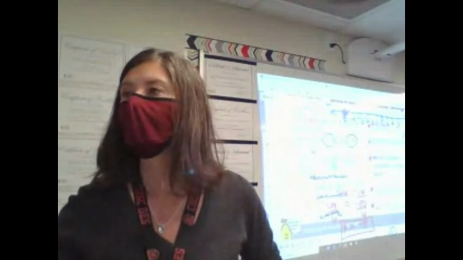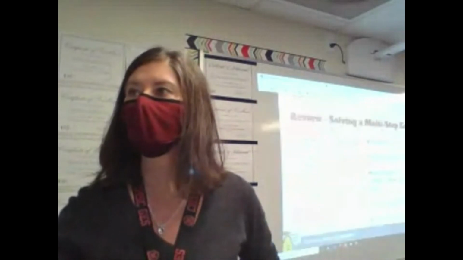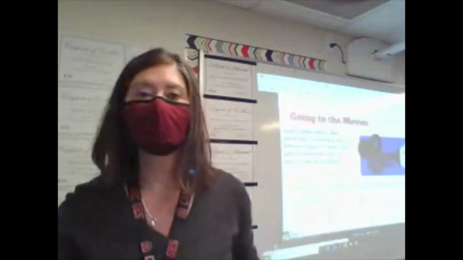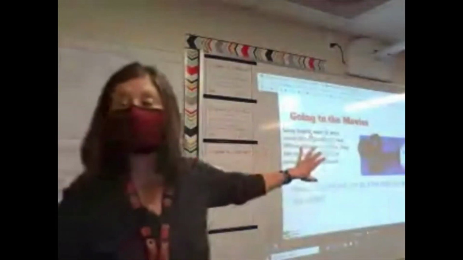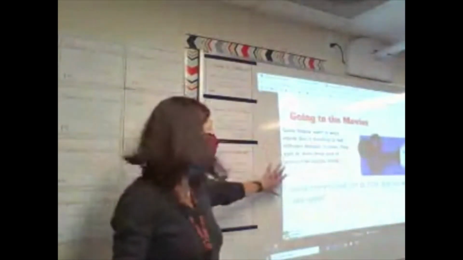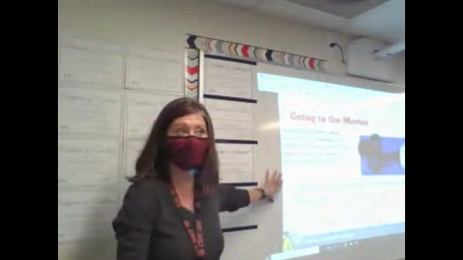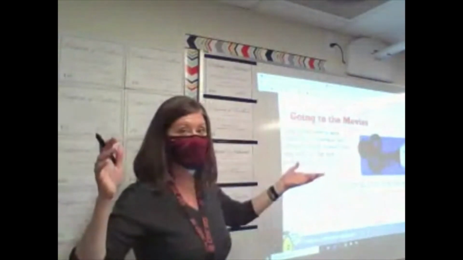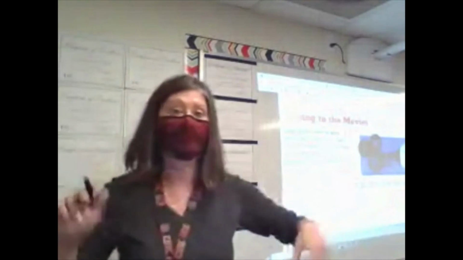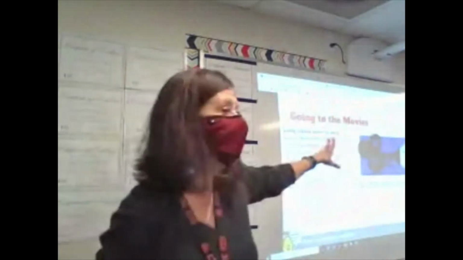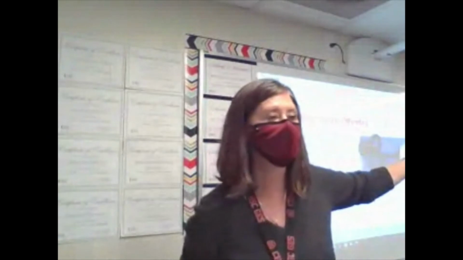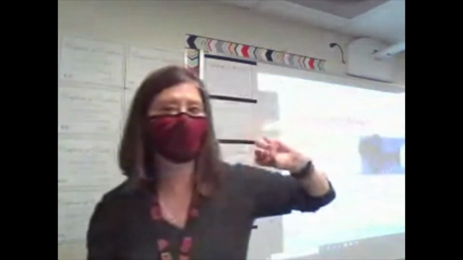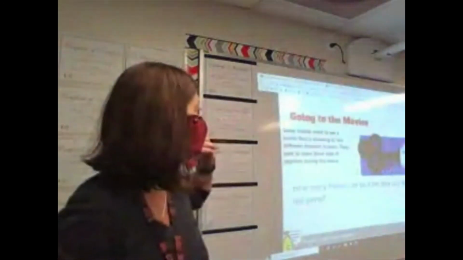All right. Let's go ahead and see how we can apply this. Okay, we did this problem yesterday, right? We talked about finding out how many friends could go see a movie where it was the same price at each theater. Okay? What did we have to put together to do that? What are the two things we have to take into account here when we figure out the price?